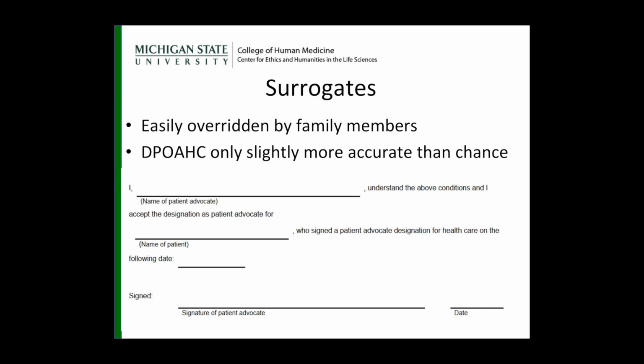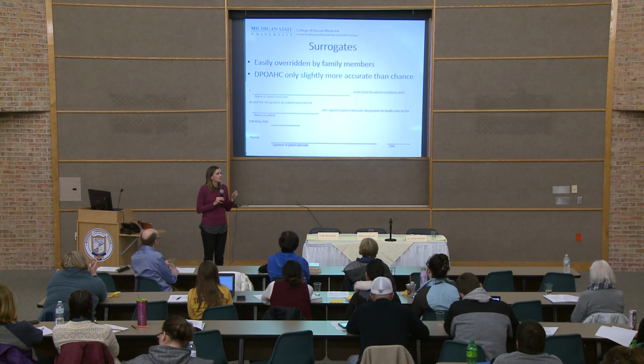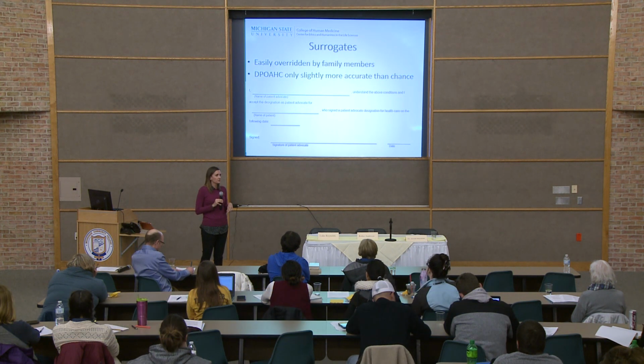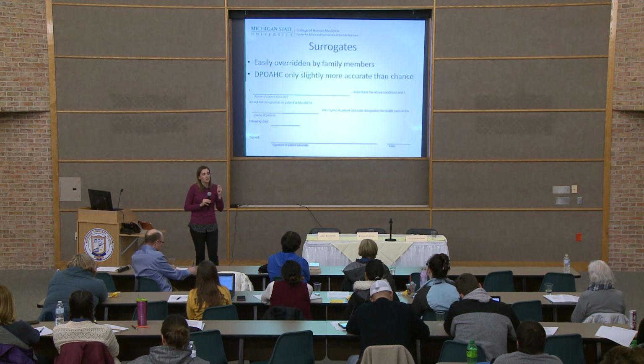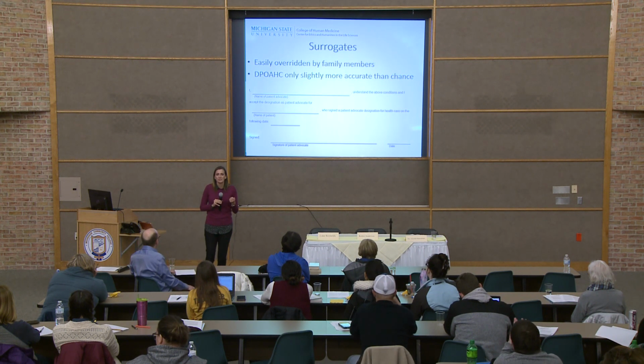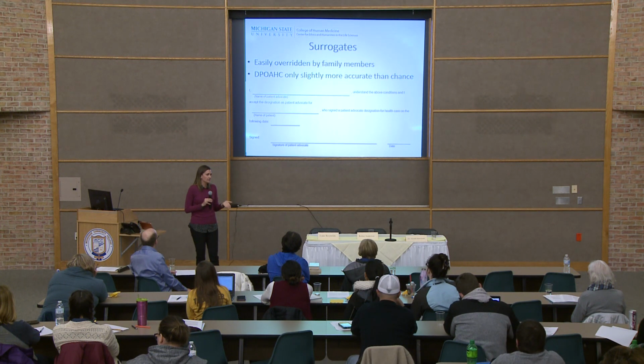But I've got to say, in these documents, it's not very difficult for a family to interpret the document differently than the healthcare providers. So somebody writes down, I would never want to be a burden. I don't think I'd ever want a feeding tube. We get this one a lot. And then the family says, well, I know that's what she said, I know that's what she wrote in this document, but that's not really what she meant.